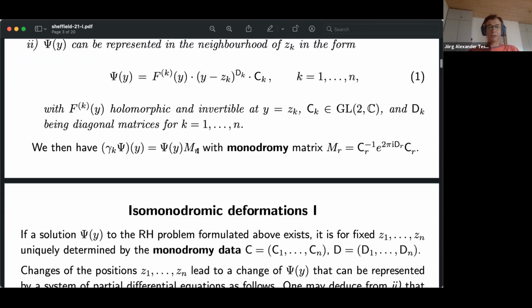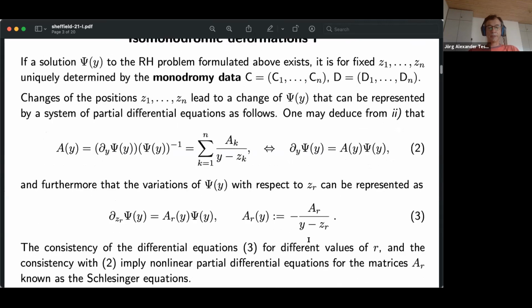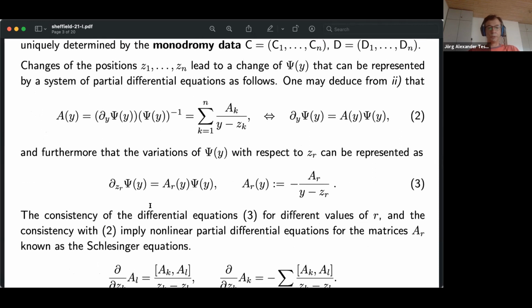Just from the singular behavior, when you differentiate with respect to zk, you are producing something which has a first order pole as a function of y at zk. And if you think a little more, you will see that is the only place where the matrix Ar of y, which is defined by this equation, is allowed to have a pole. So therefore, you find out that we need to have a second family of differential equations describing the variations with respect to the points zr. That needs to be true.